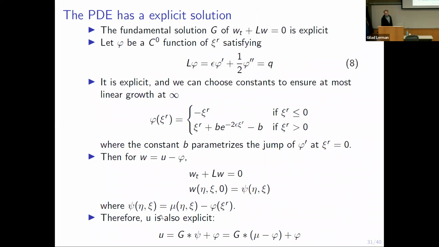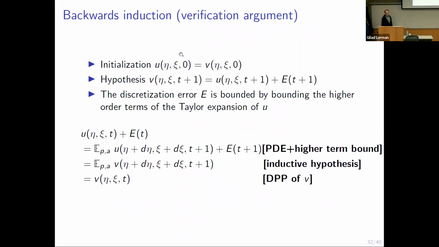Okay, so this U, the solution of the PDE, is also explicit and it's given by the convolution of this fundamental solution, which up to linear transformation of variables is the same as the solution of the heat equation, of the convolution of mu minus phi plus phi, okay? And so then we do a backwards induction verification argument.